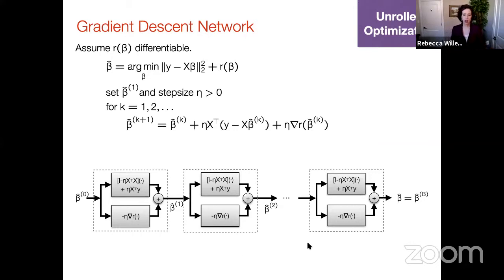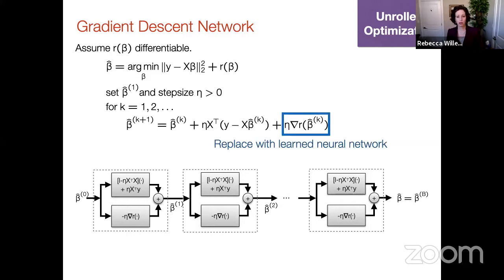With unrolled optimization, the key idea is to replace the gradient of my regularizer with a learned neural network. So within my block diagram, I've got a learned neural network in each one of these bottom branches. This has some parallels to what we saw with proximal gradient methods a few slides ago.